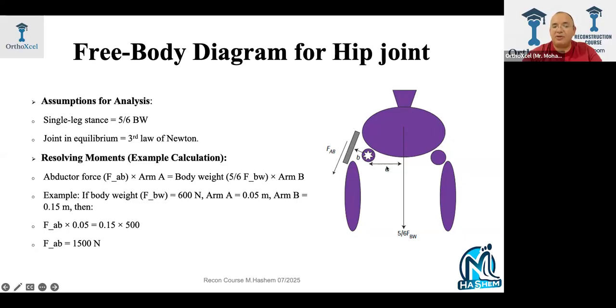And as you see the difference between the lever arms, that's why the abductor is exerting nearly 3 times the body weight, which in a single limb stance is about 5 or 6 times your body weight. This is the explanation of this.